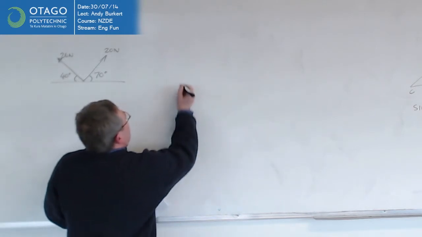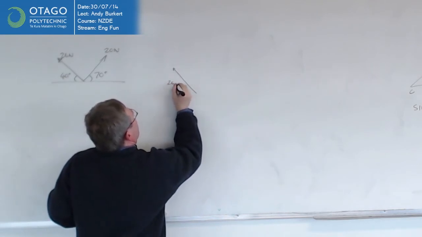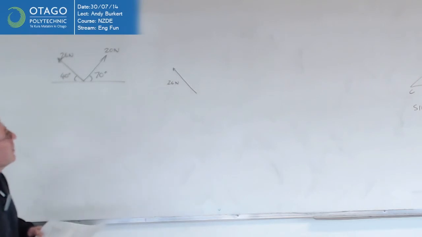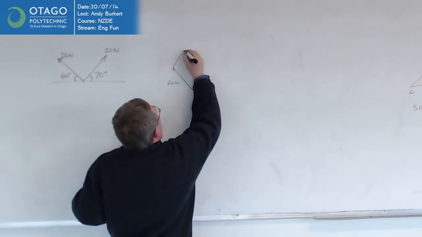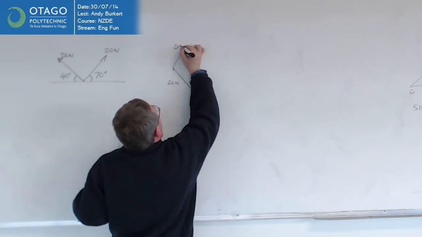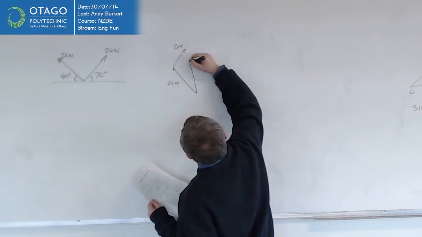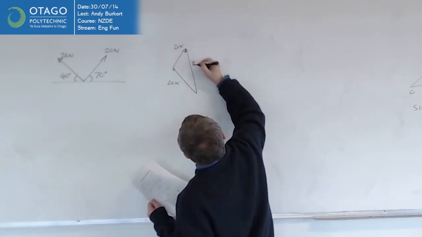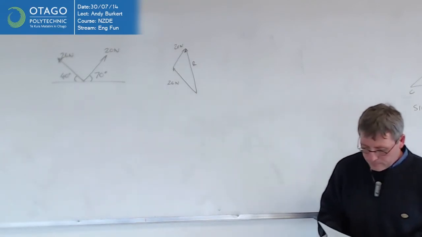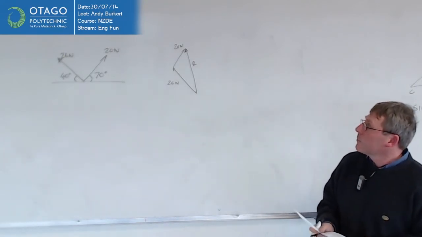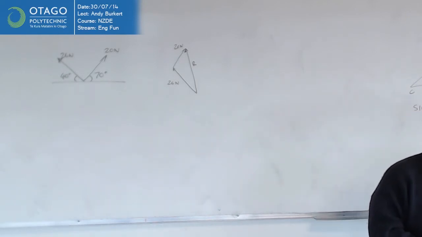So there's my 26, and then we put the 20 on like that, and there's our resultant. Now, do we know any angles in that triangle?